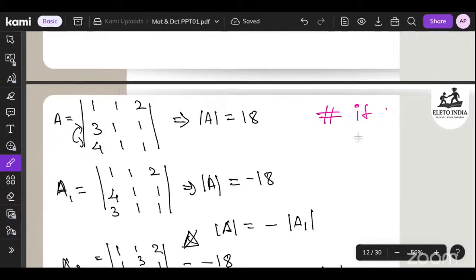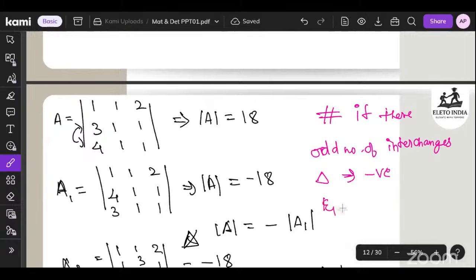If there is an odd number of interchanges, the determinant value will be negative, and with an even number of interchanges, the determinant value will be the same as the positive.